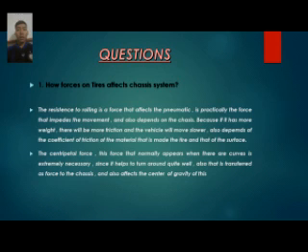Question number 1. How do forces on tires affect the chassis system? The rolling resistance is a force that affects the pneumatic. It's practically the force that impedes the movement, and it also depends on the chassis, because if it has more weight, there will be more friction and the vehicle will move slower.